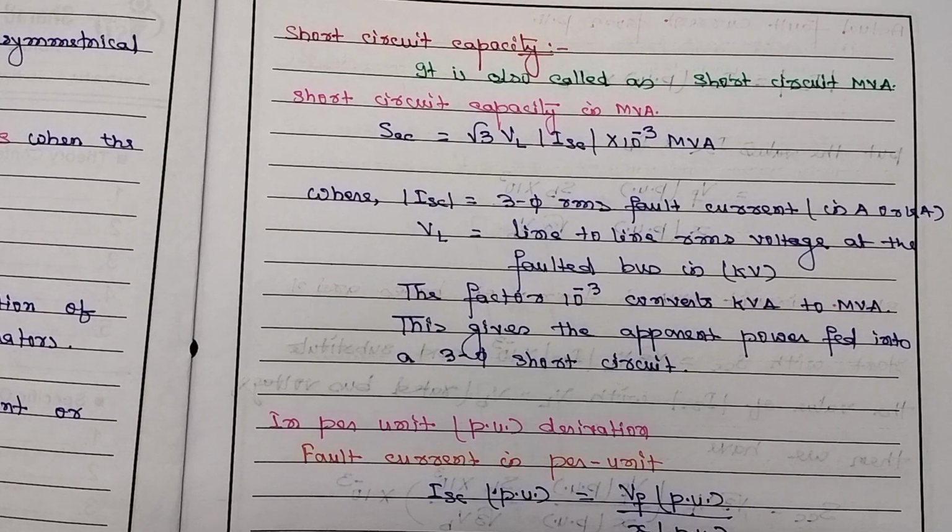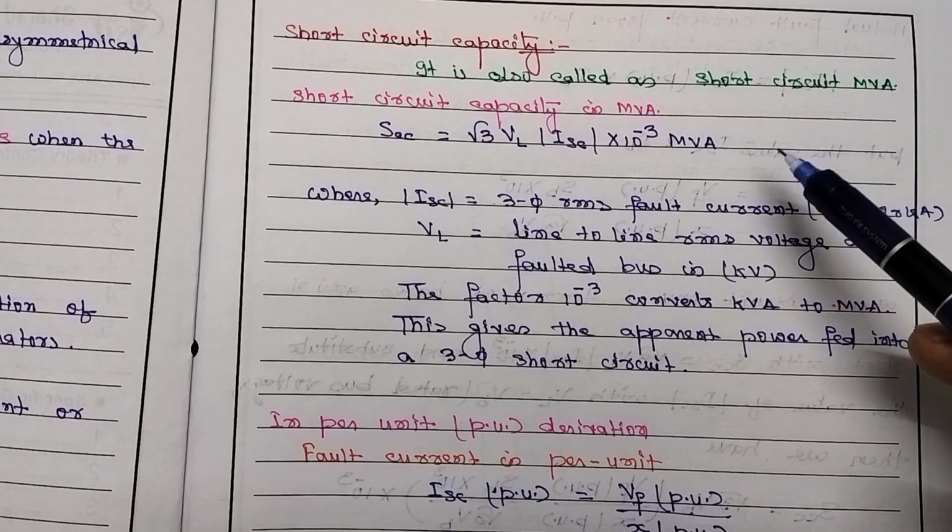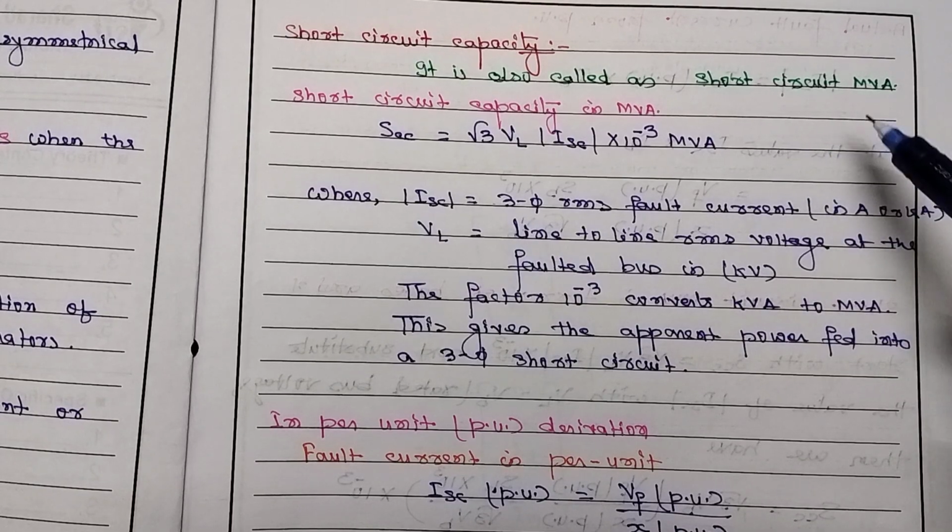So short circuit capacity is also called the short circuit MVA.